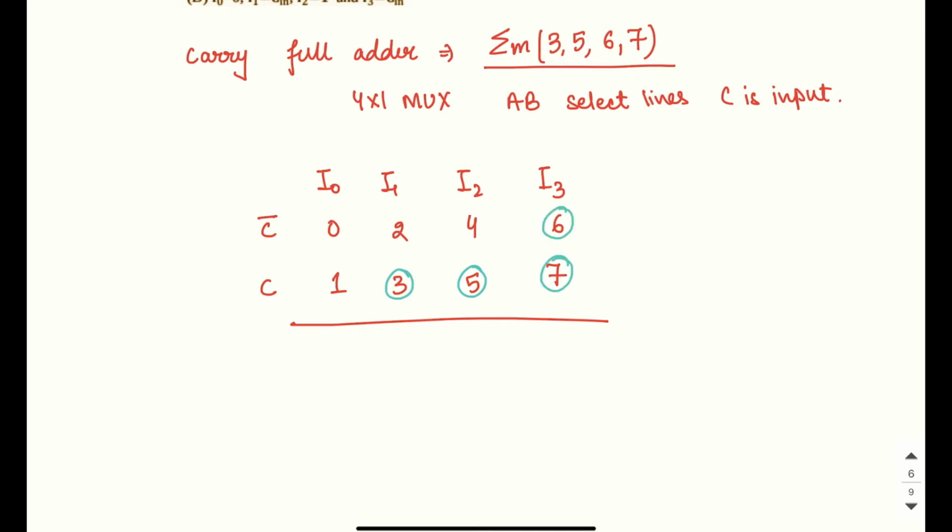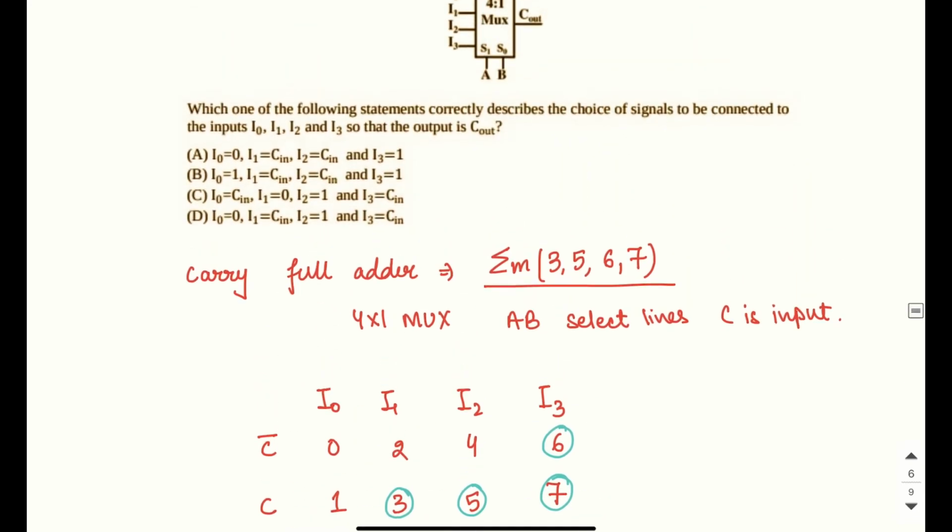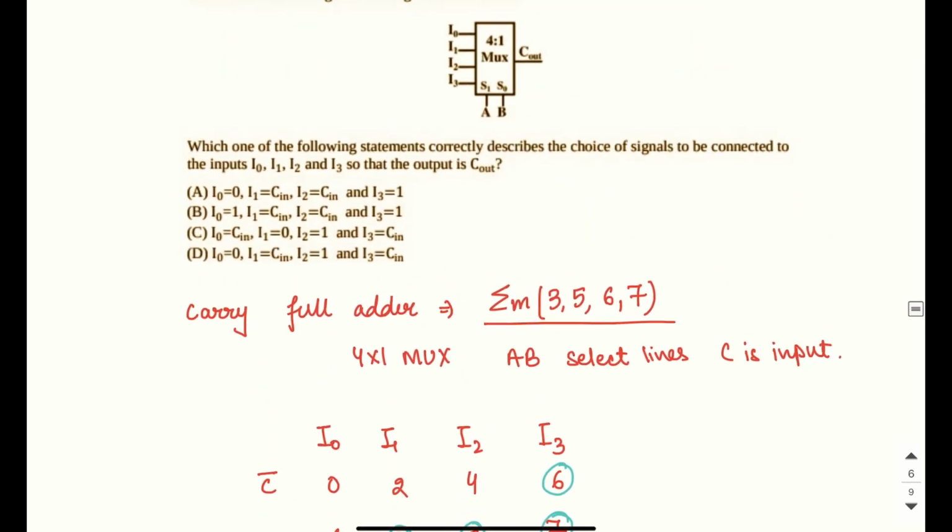We write down the answers because none of them is a term. This is 0, this is C, C and this is 1. So your answer is 0CC1. So this is what you need to search. So I0 should be 0, I1 should be C, I2 should be C and I3 should be 1. So the answer to this question is A.